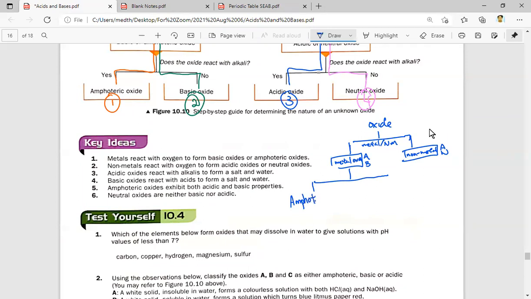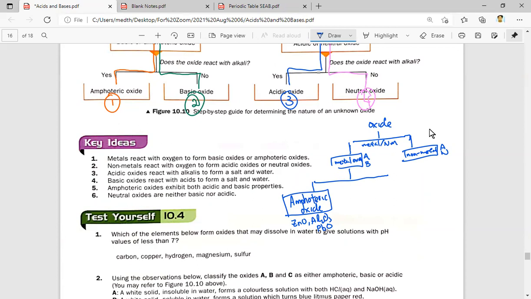Amphoteric, because in your syllabus, you only learn 3 examples, right? So to know whether it's amphoteric or not, you ask yourself, is it zinc oxide? Is it aluminium oxide? Or is it lead oxide? Only these 3 are amphoteric.